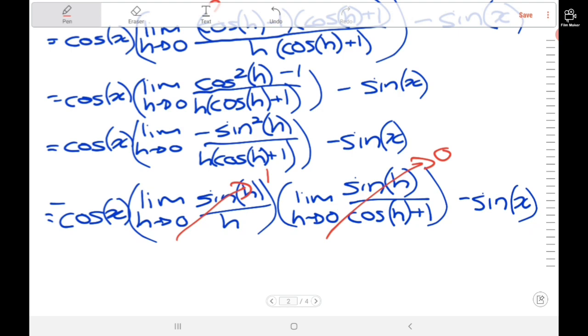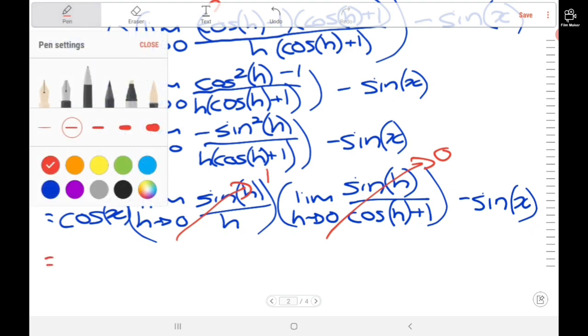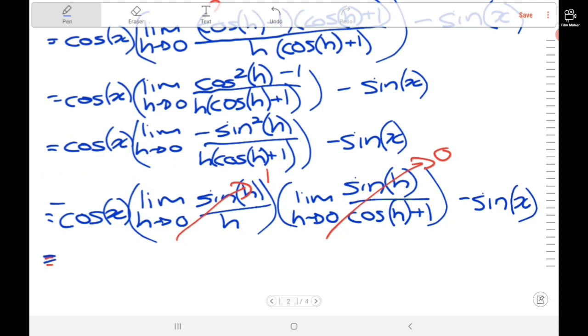And that means that that entire term goes to 0 if one of the factors goes to 0. And we're left with negative sine of x. So that means the derivative of cosine x, using first principles, we've determined it to be negative sine of x.